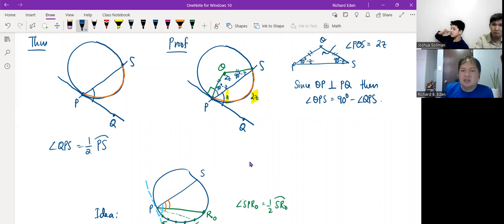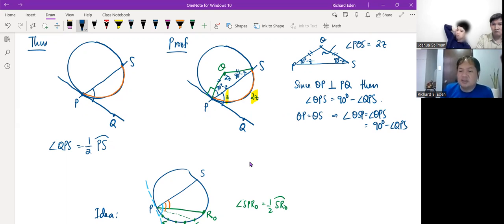But then OP and OS are congruent. OP equals OS. So angle OSP is equal to angle OPS, which is also 90 minus Z, 90 minus QPS. All right, so now we've justified the angles marked 90 minus Z.